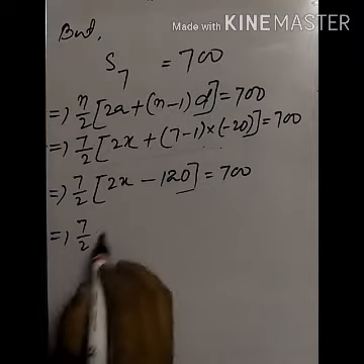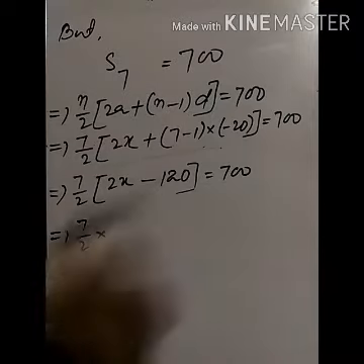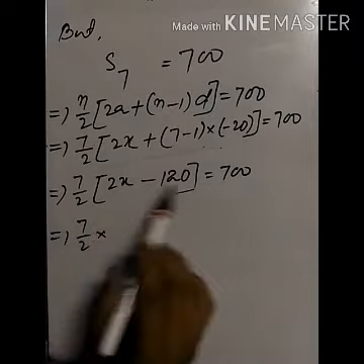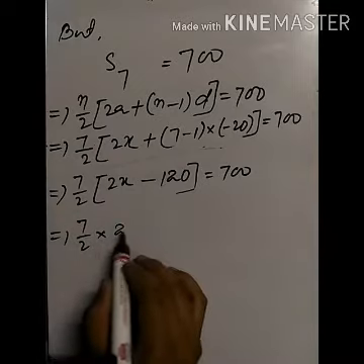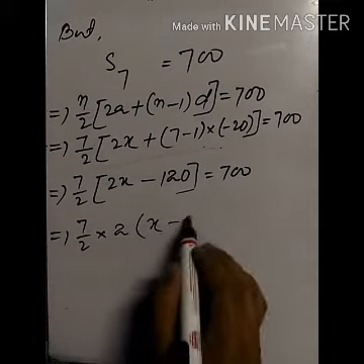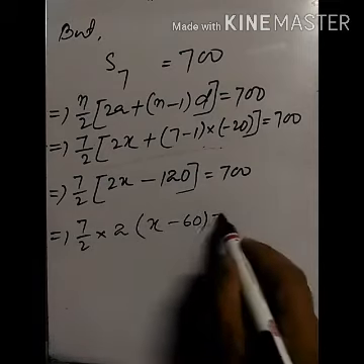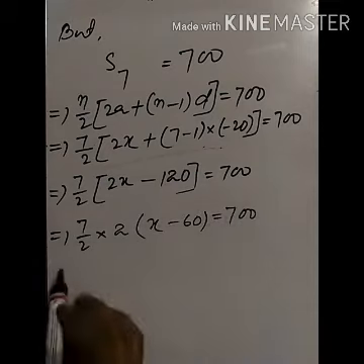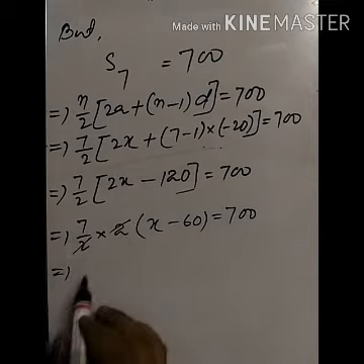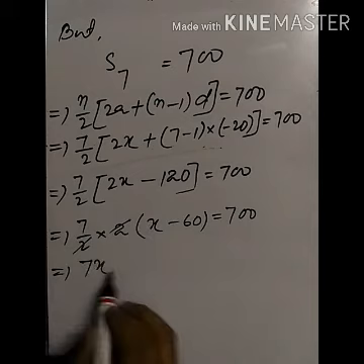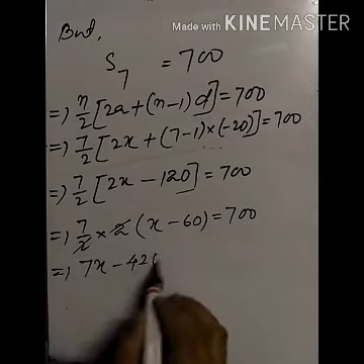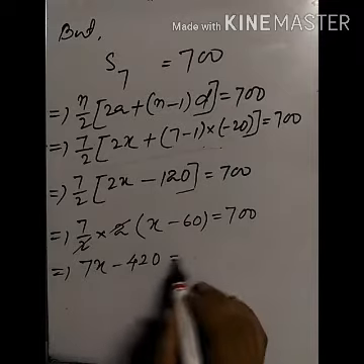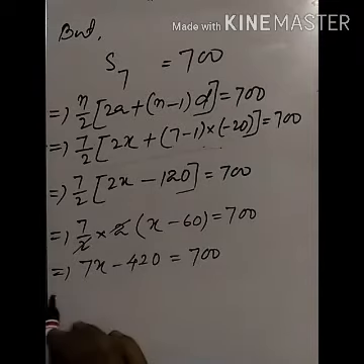So 7 by 2, from these two terms, twice X and minus 120, we can take 2 as a common factor. So I'll be writing 2, and the remaining will be X minus 60, then equal to 700. Now 2 cancels, so the 7 will multiply: 7 into X is 7X, then 7 into minus 60 is minus 420, equal to 700.